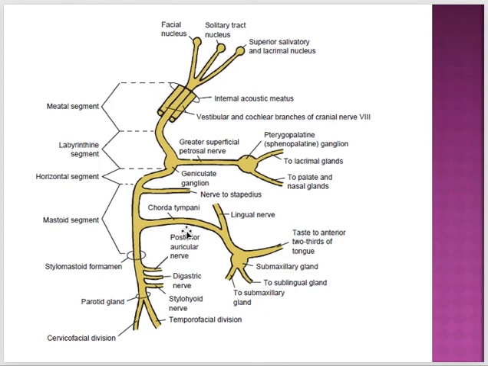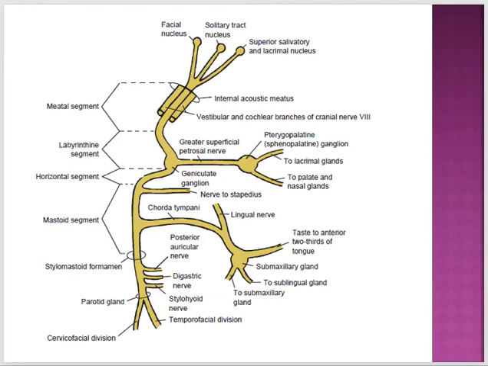And the chorda tympani, as soon as it leaves, you can see over here, is carrying the taste fibers from the anterior two-thirds of the tongue, as well as the fibers to the submaxillary and submandibular glands.